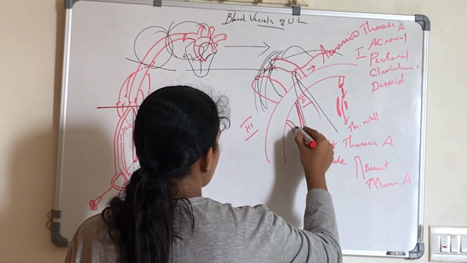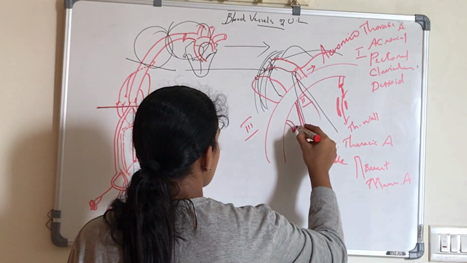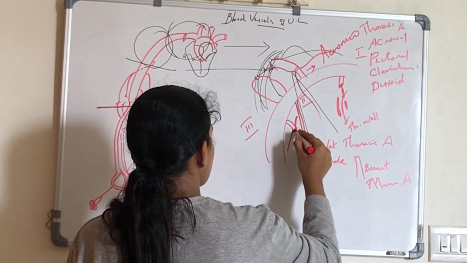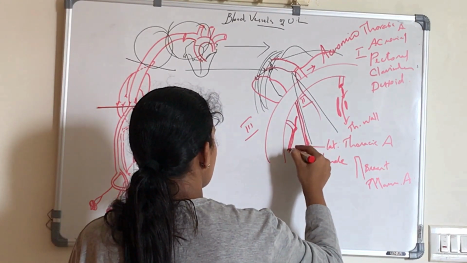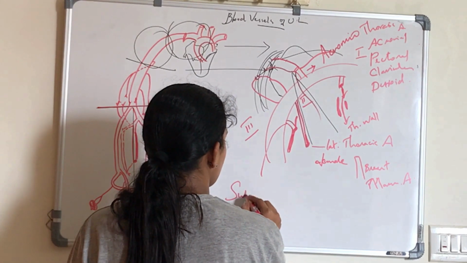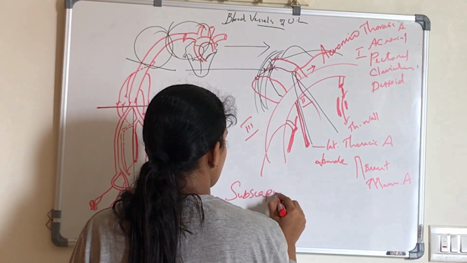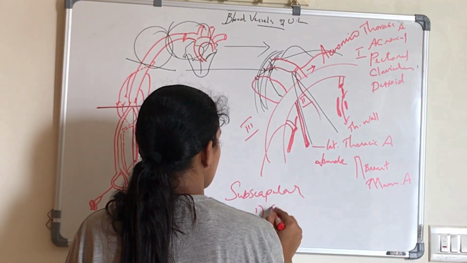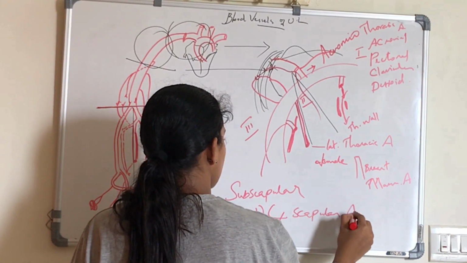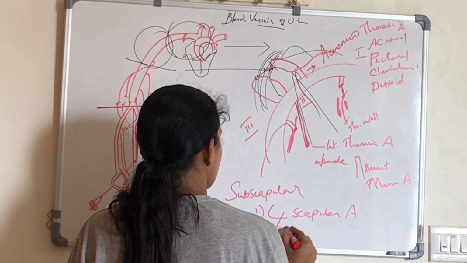And the third part gives subscapular artery, which is the largest branch of axillary artery. This subscapular gives two more branches, circumflex scapular and thoracodorsal.